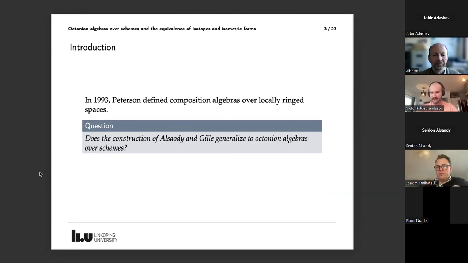And then the question that was asked by Seidon to me was to consider if this construction that he and Gille proved generalizes to Octonion algebras over schemes, since Octonion algebras over rings, by the usual equivalence of rings and affine schemes, can be considered as Octonion algebras over an affine scheme. And then the construction should generalize, but will it also generalize to non-affine schemes?